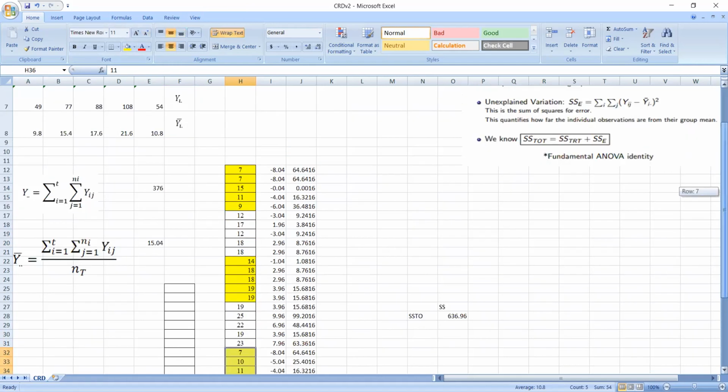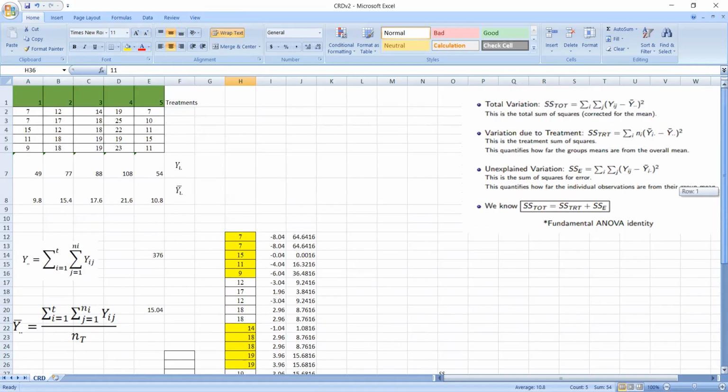I just color coded since that's easy to see. For the first treatment, for these first 5 observations, the yi dot bar value is equal to 9.8. So I'm going to put 9.8 for the first 5 observations.